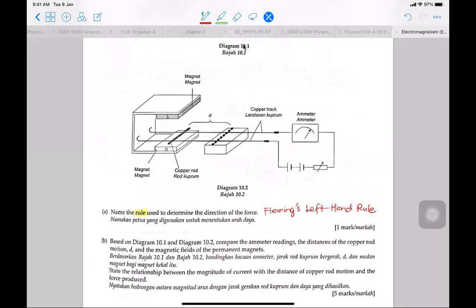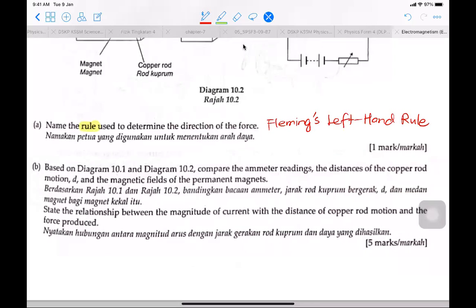Question B, because this one is 5 marks, it is very important for you to take out the important points, because it is 5 marks. So first, based on diagram 10.1 and diagram 10.2, compare the emitter readings.